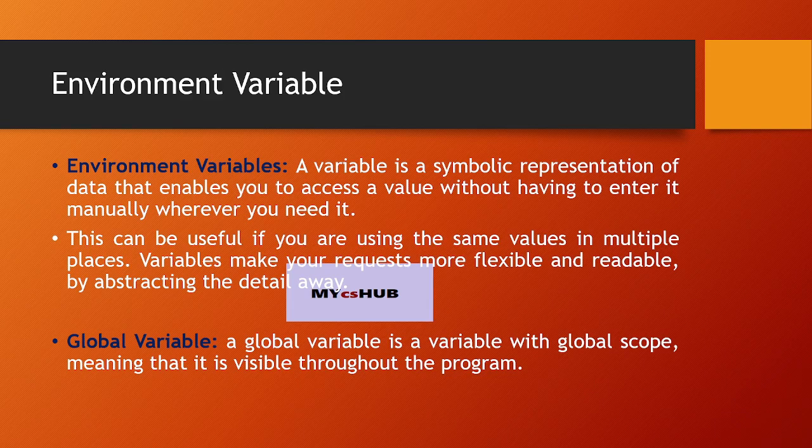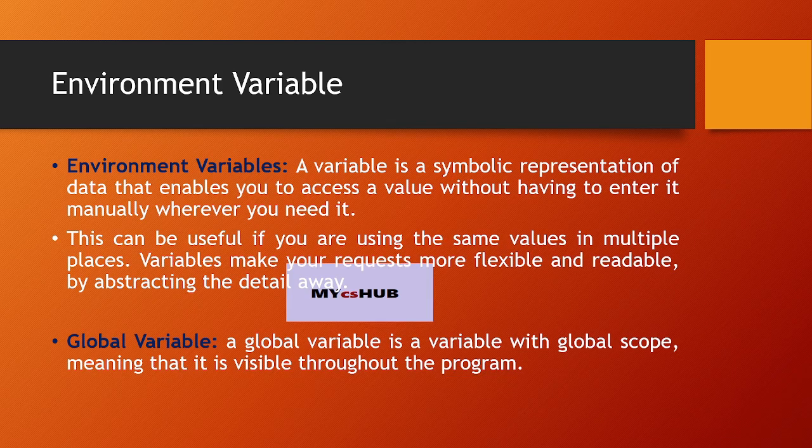I mean, the purpose of the environment variable, like suppose you are going to test many API requests from Postman. Now, for each and every request, you have to put a base URL, right? So you don't need to write the base URL for each and every request again and again.